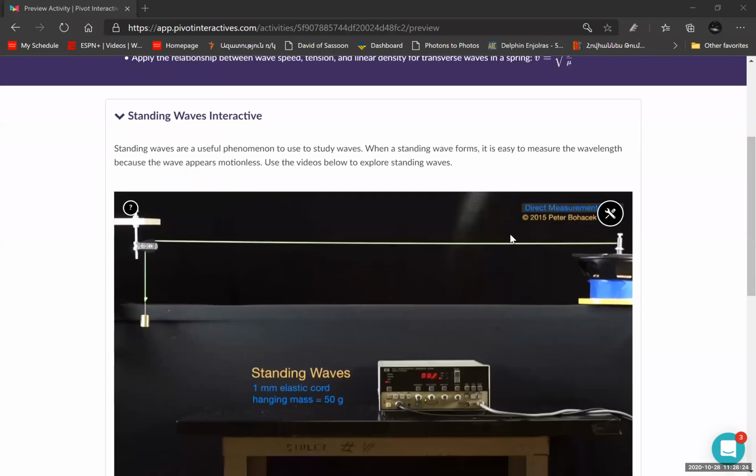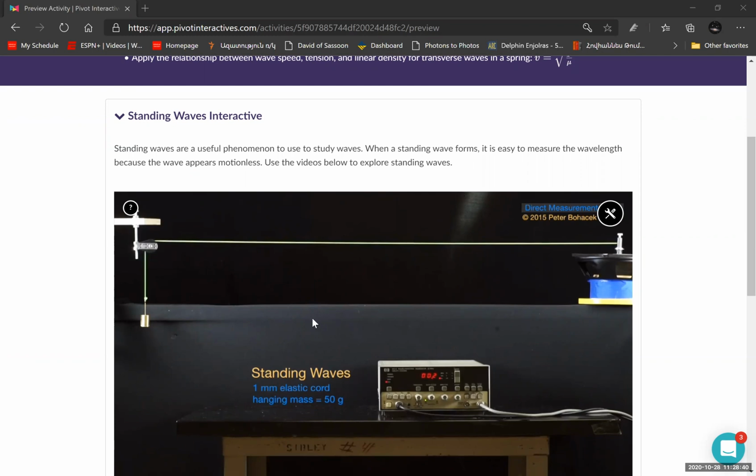All right, so let's go back to the lab. So this is what you can see. Here is our experiment where you have a string connected to the oscillator on the right end, and to the pulley, then down to the attached mass on the left end.